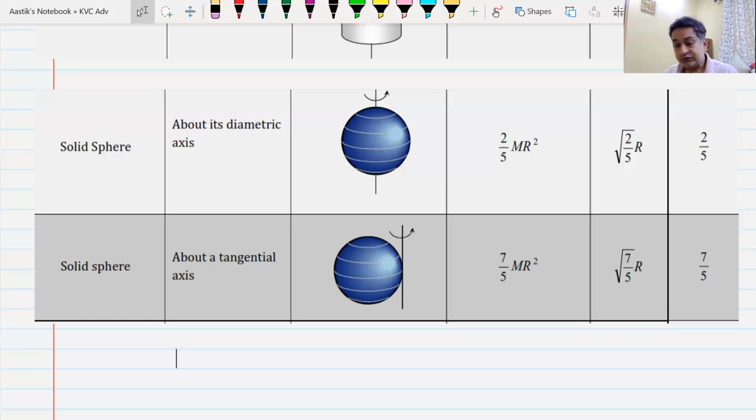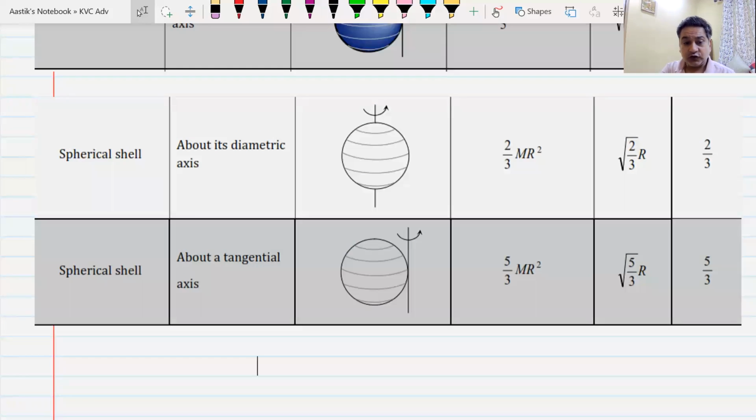Yes, sir. Done, sir. Then this is a hollow sphere. Note this down as well. It is 2 by 3 mr square. That is the difference between hollow and solid.